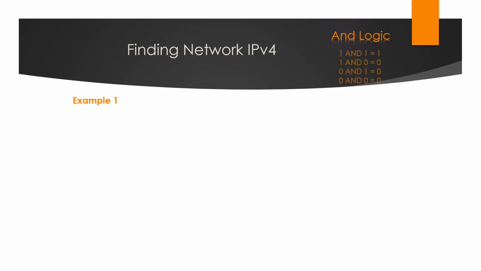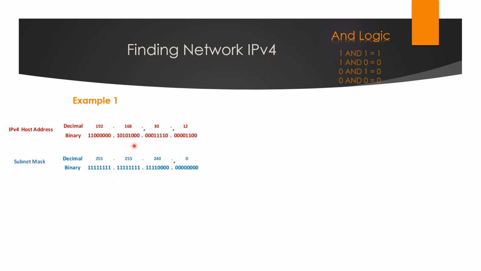Let's go with example 1, where we have the IPv4 host address in decimal format, 192.168.30.12. We convert that to binary format, which is shown in the second line, and we have the subnet mask in decimal format, 255.255.240.0.